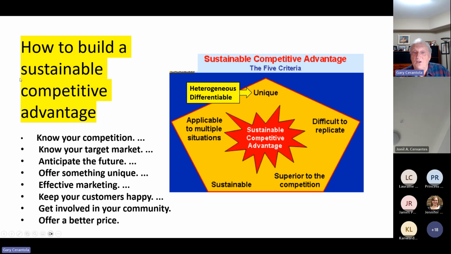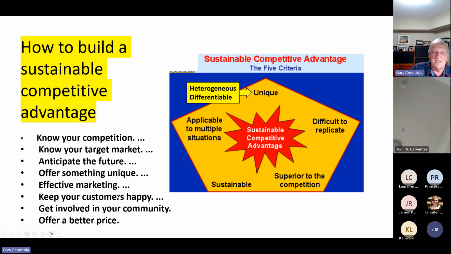All right. So how to build sustainable competitive advantage? You got to know your competition. You got to know your target market. That's why we're talking about ideal customers. You got to offer something unique, and VRIO says heterogeneous, right? You got to do effective marketing and keep it going. You got to keep that conversation going, keep them engaged, and you do that through newsletters and customer panels and all those other things.